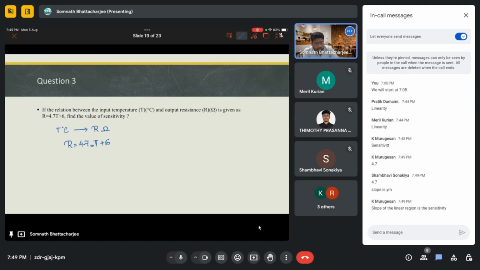Yes, slope. We need dR by dT, the change in resistance with respect to change in temperature, that is del output by del input. The value is nothing but 4.7.